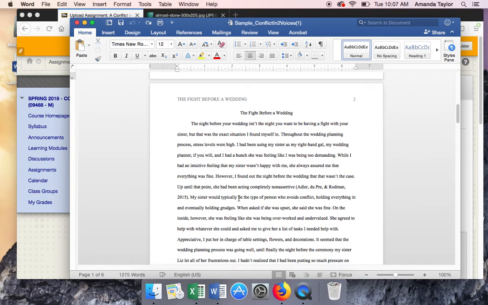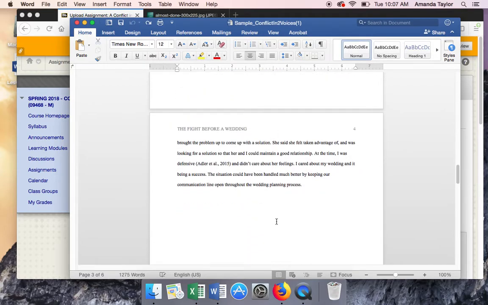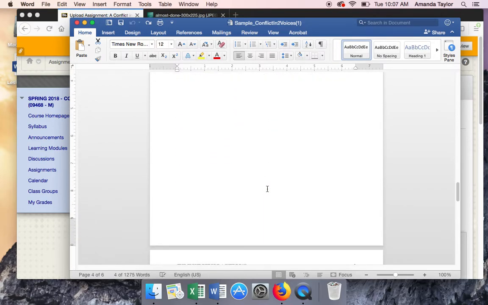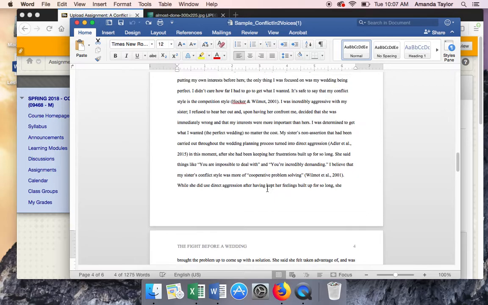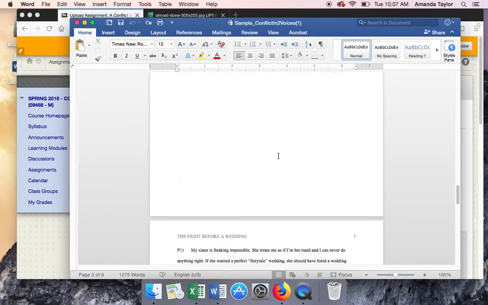So this author took about 2 pages to finish explaining this thoroughly, but you can see that this is a different textbook than we use, but she used in-text citations to define terms, which was really good. And she thoroughly explains the conflict here, what exactly happened, and using the terminology that's in our textbook and in the handouts is what I will be looking at there.